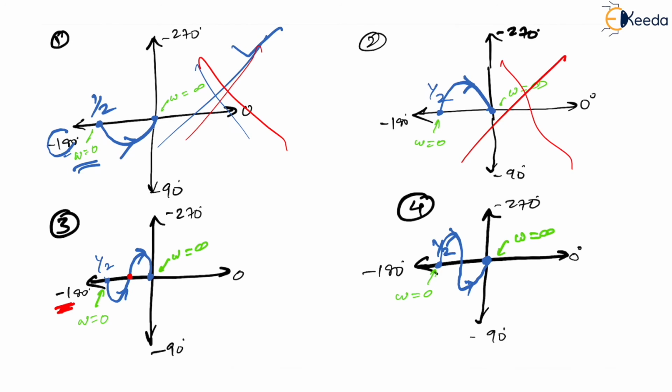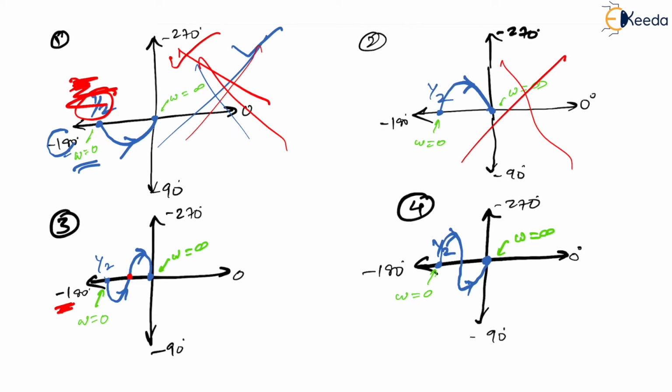You just see this magnitude, which was initially 2, now it is half. When it was 2, the first one was correct, but the moment it becomes half, this is not correct. So you always have to check; don't become overconfident.